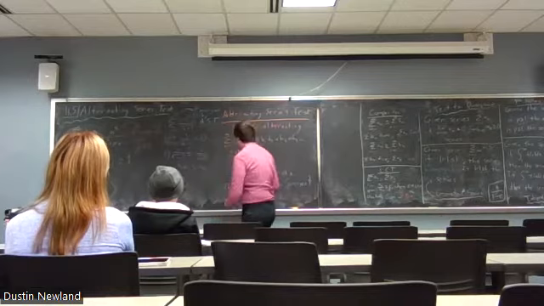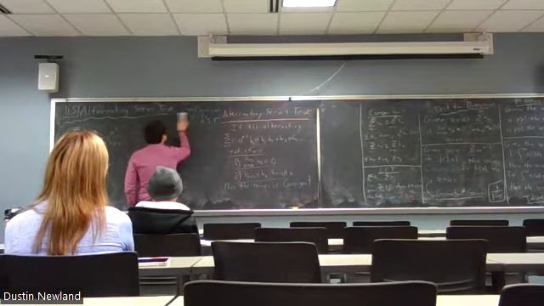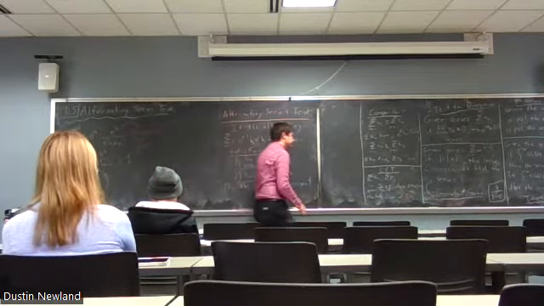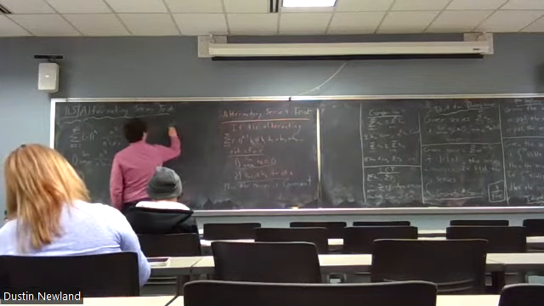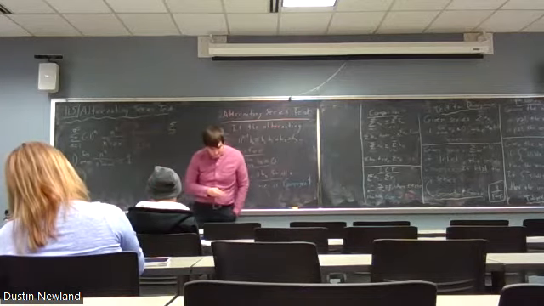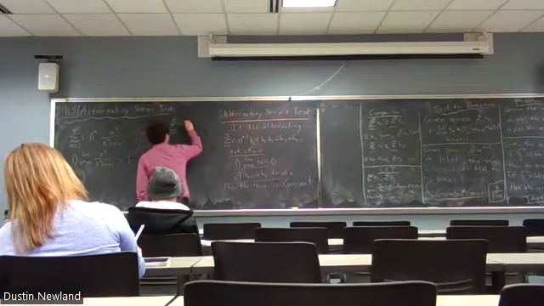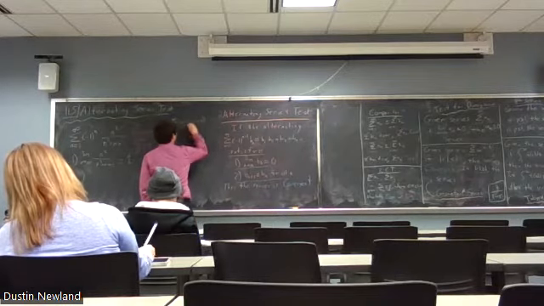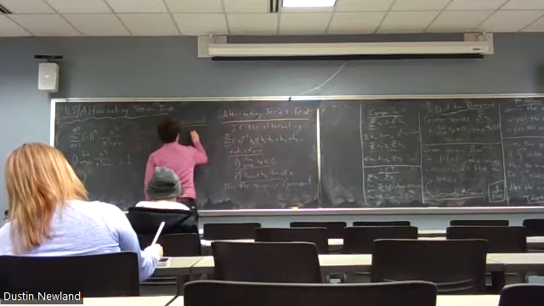We're gonna do the sum from n equals 1 to infinity of n times the cosine of n pi, all over 2 to the n.